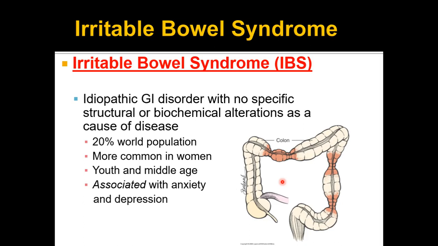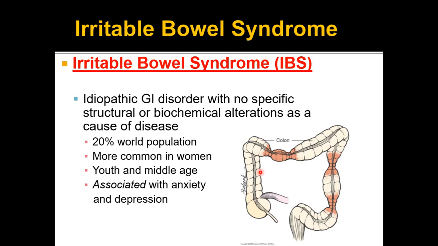And also, if this is diarrhea dominant, these spasms can cause a hypermotility and create a motility type diarrhea. Or if this is constipation dominant, then the spasming can limit how much fecal matter can move and create constipation. So anybody who has IBS will tell you that it is definitely uncomfortable and can cause lifestyle alterations for sure.